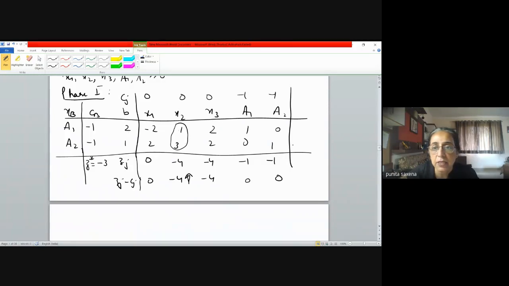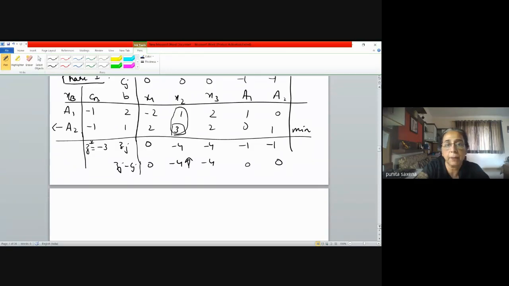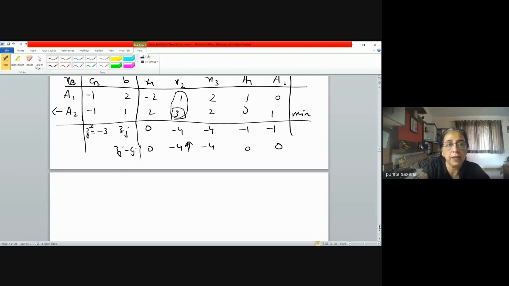So 1 by 3 is minimum, right? So A2 leaves, and 3 becomes your pivot element. So we change R2 to R2 by 3, right? And then make that 1, 0.